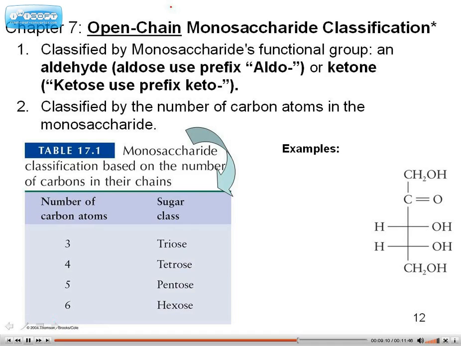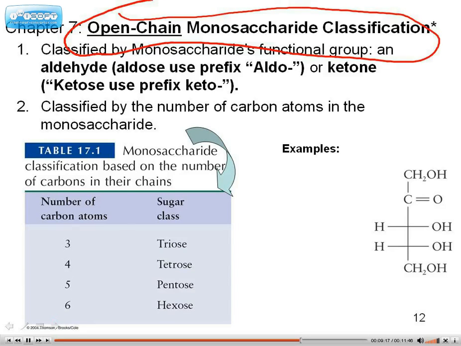Sticking with this classification, you'll be responsible for giving the open chain monosaccharide classification name. So just as I asked you to classify ketals, acetals, you'll be classifying carbohydrates. There are two parts to this classification name.